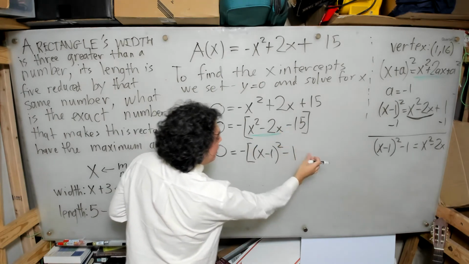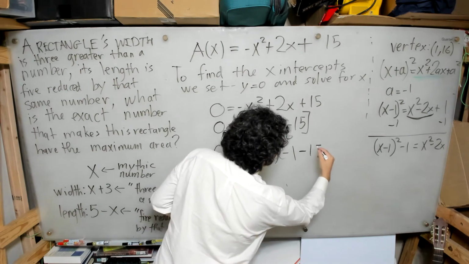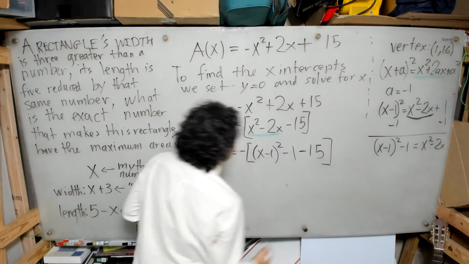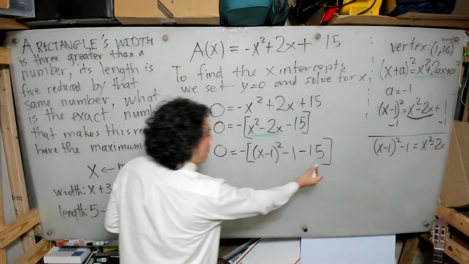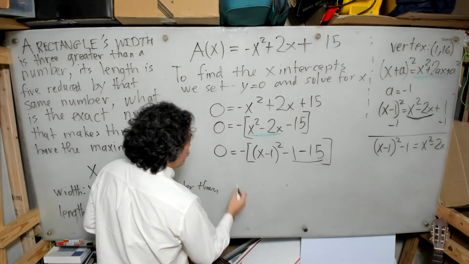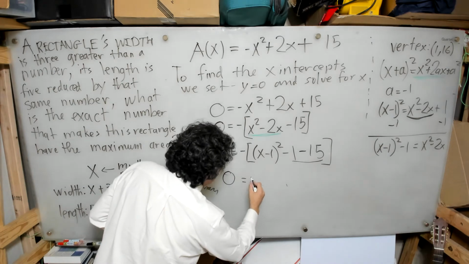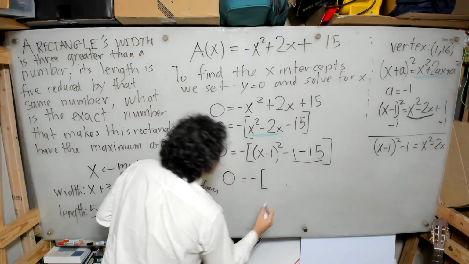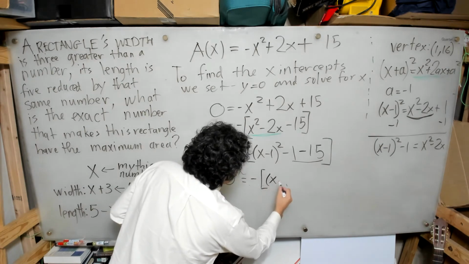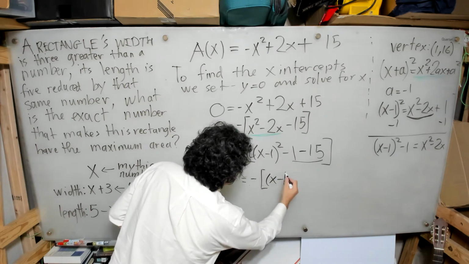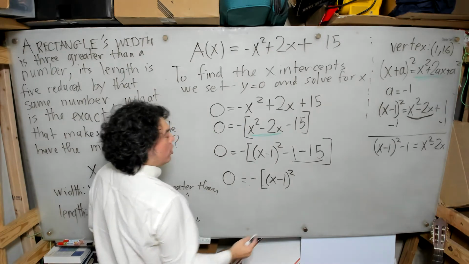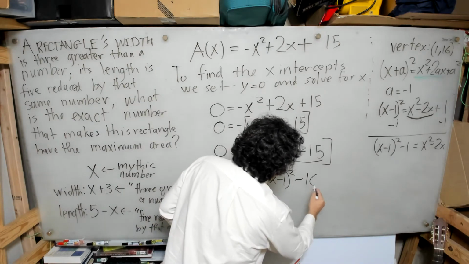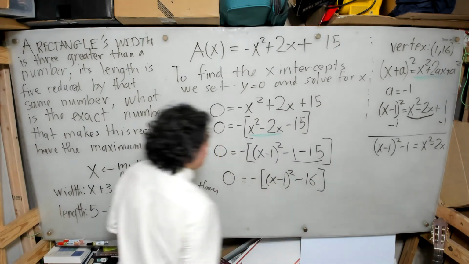Then I'm going to bring down the minus 15 like this. And now I'm going to combine these like terms here. Okay, so I'm going to get 0 equals negative, open bracket like this, x minus 1 squared minus 16, close bracket.